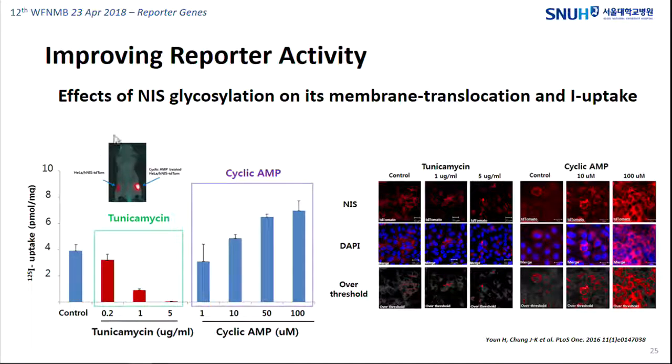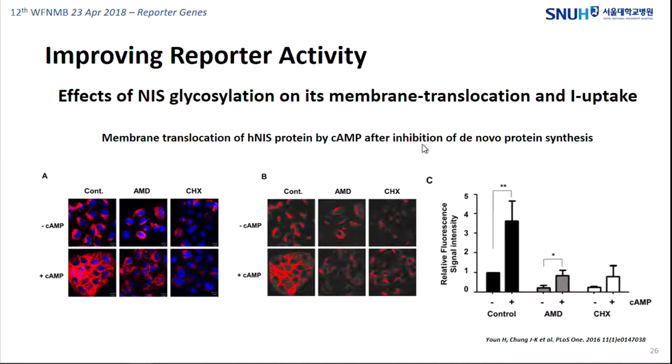So we treated with those drugs and then compared the iodine uptake. As we expected, the glycosylation activator treated one shows a higher iodine uptake, and from the fluorescence imaging, we can see clearly that the activation helps integration of the NIS into the membrane.